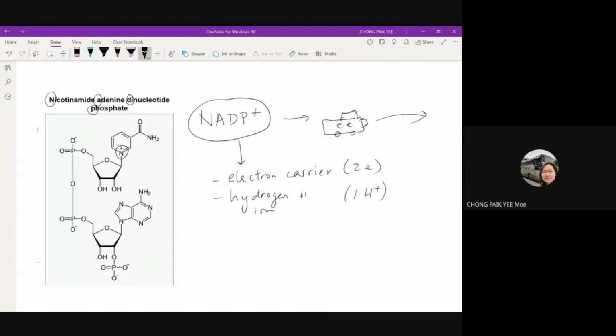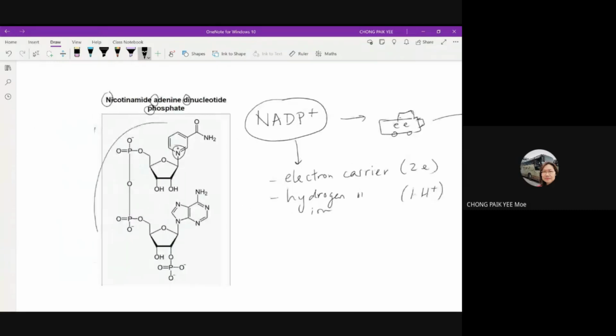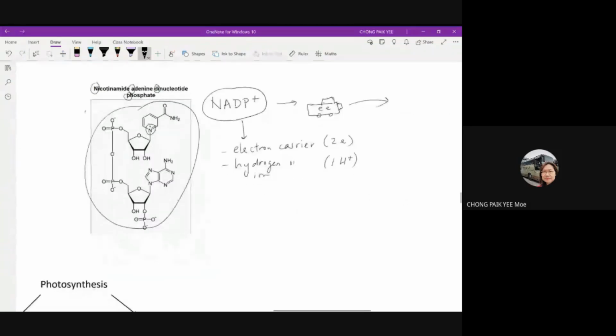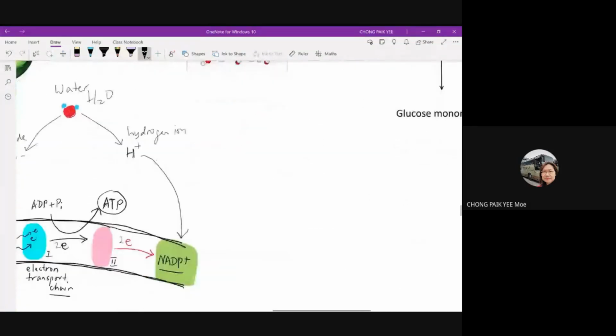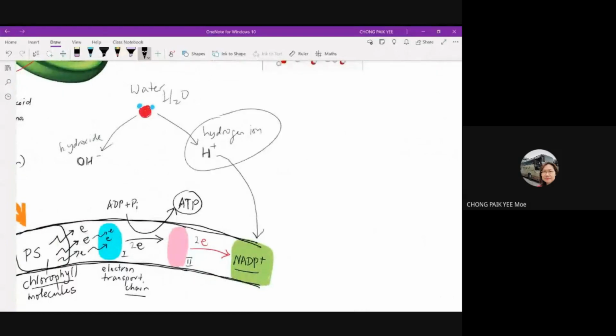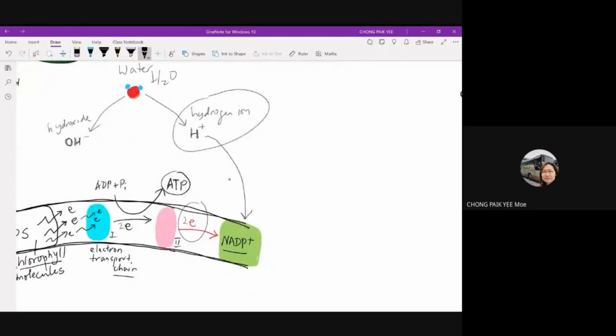At the moment we understand NADP is just a molecule, a very complex one. It's going to carry electrons in from the electron transport chain, and also bring in your hydrogen from the breaking down of the water. So these two are going to come to your NADP.